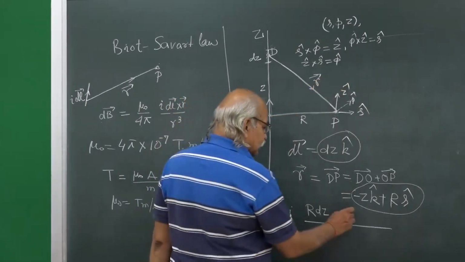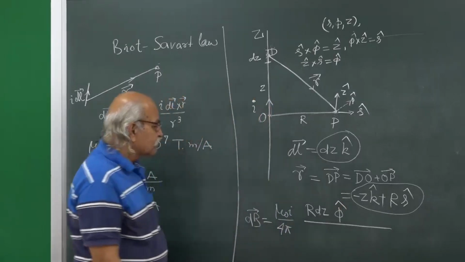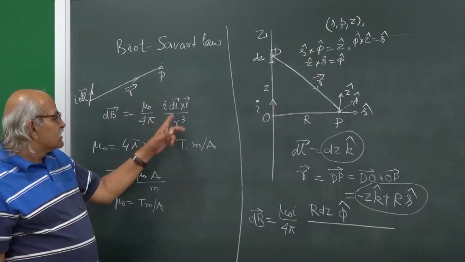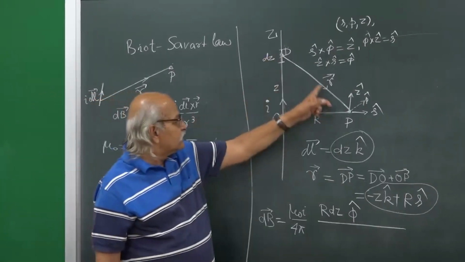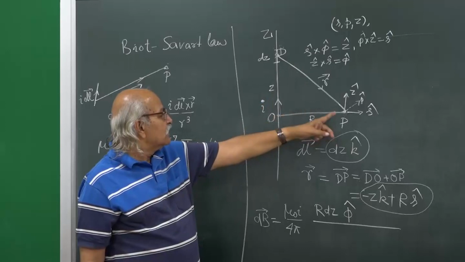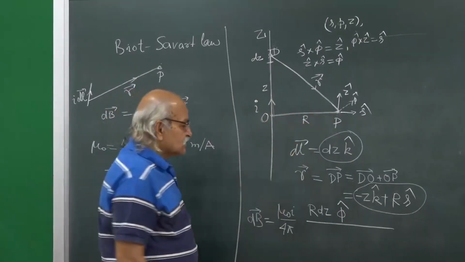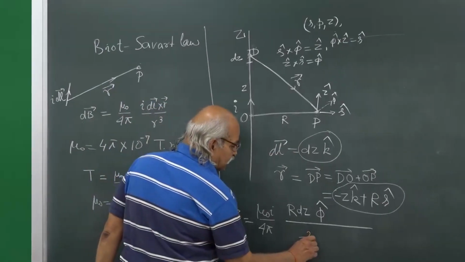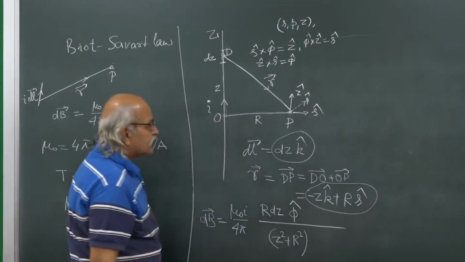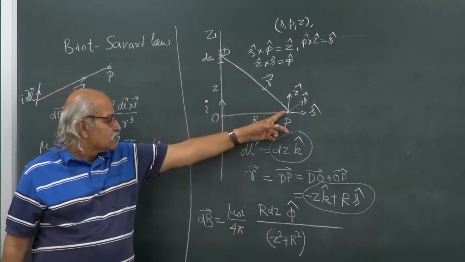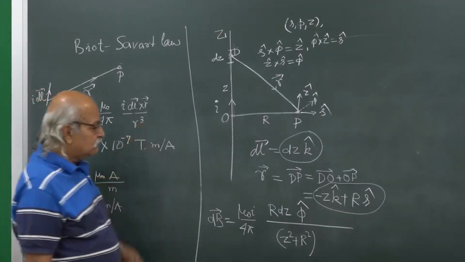So this is r dz phi cap. That is the numerator, and the denominator is r cube. R is this position vector and its magnitude is the square root of z square plus capital R square, and then you have to put a power 3, so this will be 3 by 2.